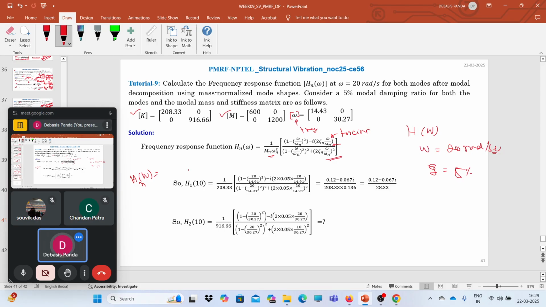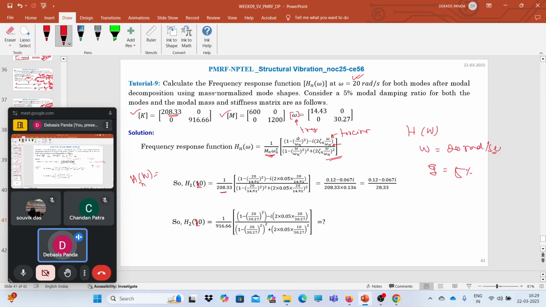Now for H1 of 20, this will be 20, because we are calculating the frequency response function for omega equals to 20 rad per second. So H1 of 20 will be 1 by m_n omega_n square. m_n omega_n square is nothing but your k, so the k1.